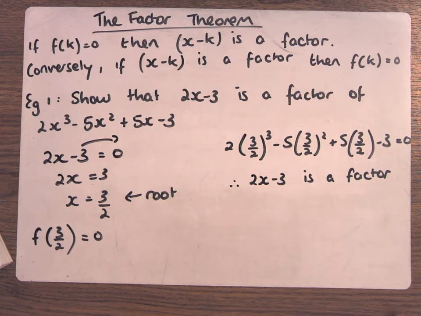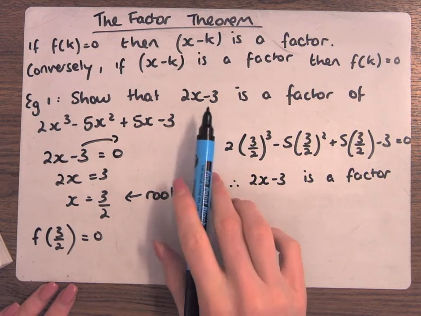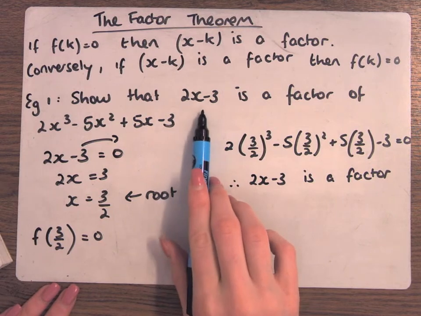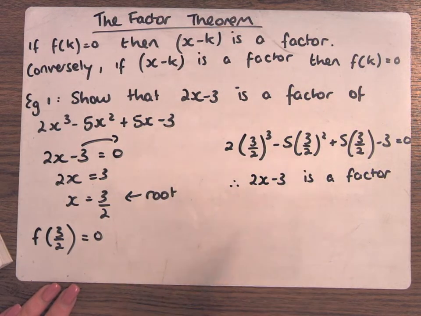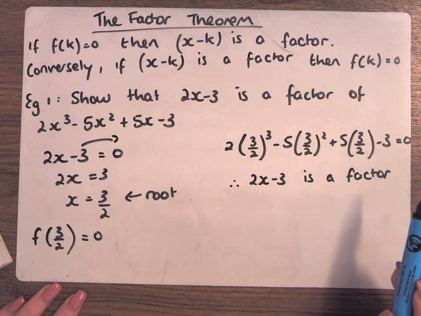I've shown it's a factor by filling it in. That is literally it. It's really nice. So you take the factor, you make it a root by getting x on its own, and then you just fill it in. And if you put it into your calculator, it just doesn't equal 0, then it's not a factor.